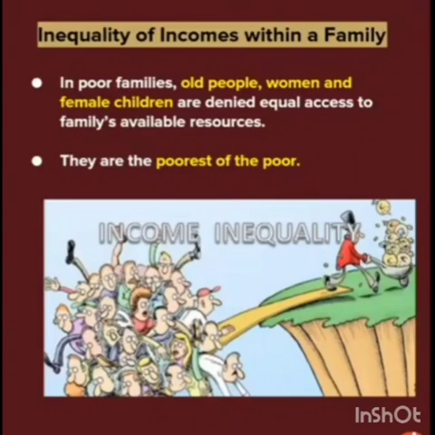Some of the poor families all suffer, but some suffer more than others, especially women, elderly people and female infants, as they are denied equal access to the resources available to the family. Women, children, and the old people are the poorest of the poor.